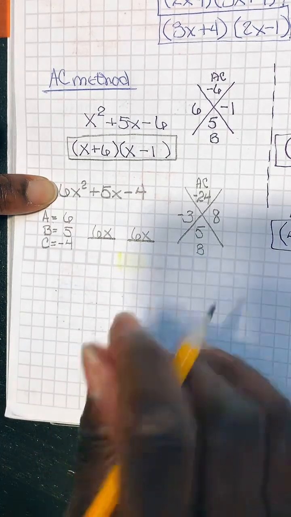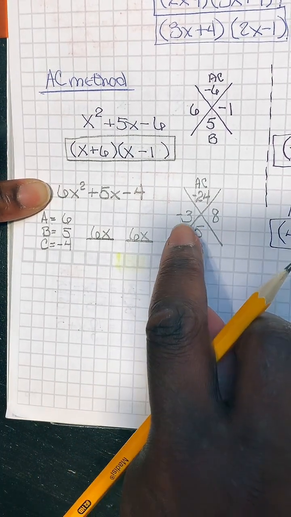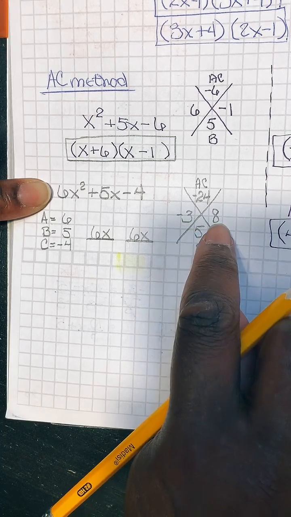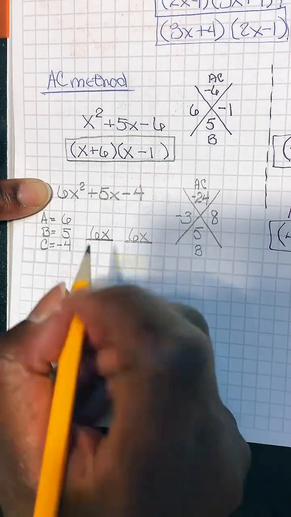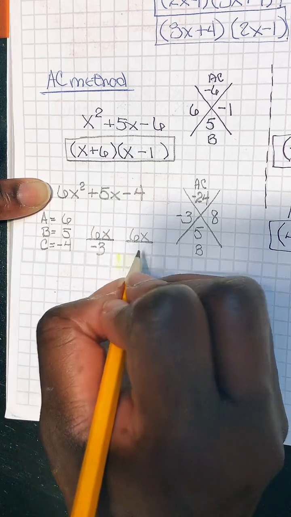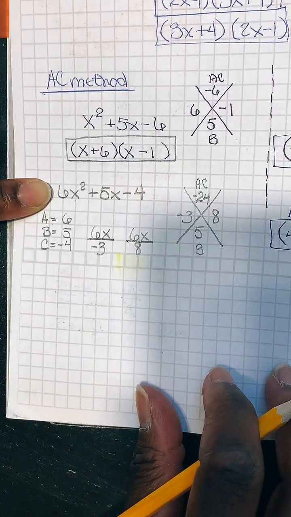Here's an x. Now, ready? The numbers that we found for the factors are going to be my denominators. So I have a negative 3 for one, and I have an 8 for the other.